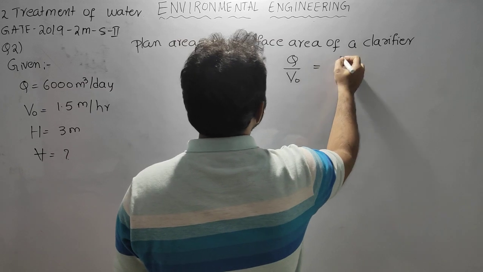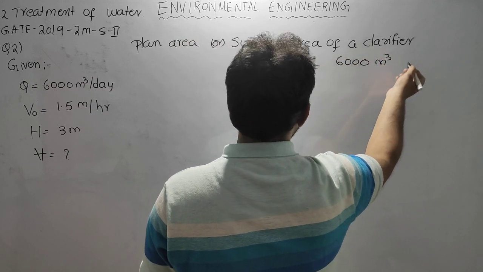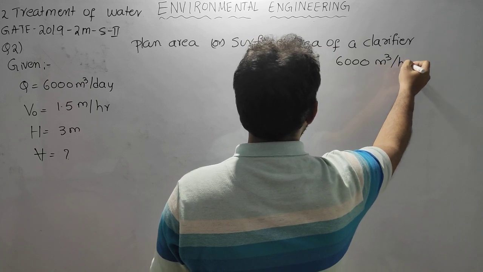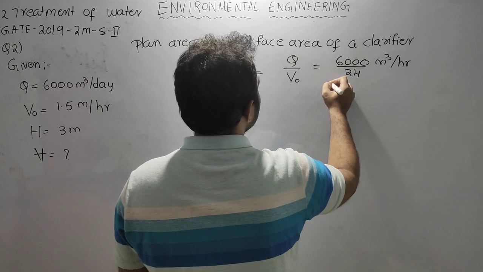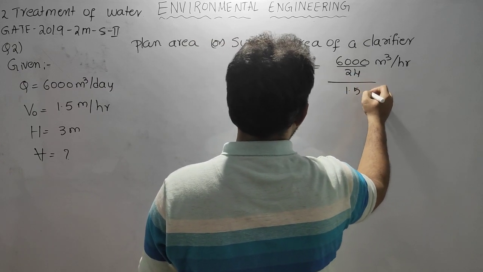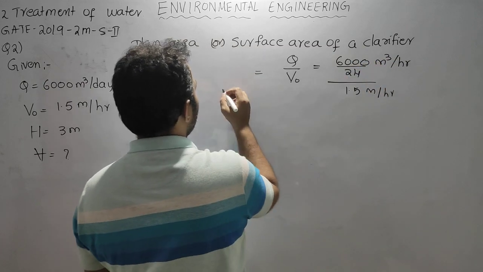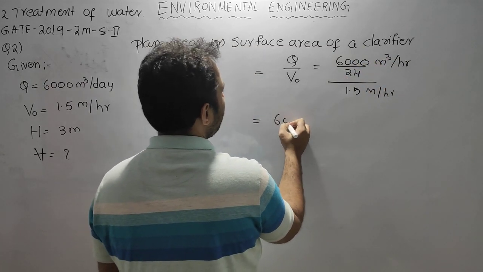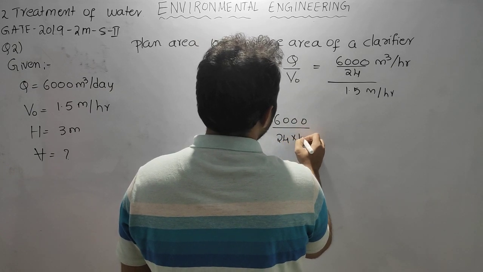Q is 6000 meter cube per day. I want to convert it into meter cube per hour, so I need to divide it by 24 hours, and by 1.5 meter per hour. Now it will give you the surface area or plan area, that is 6000 by 24 into 1.5.